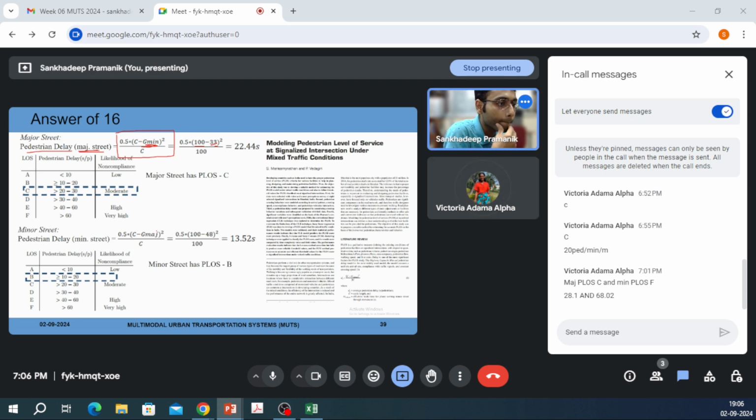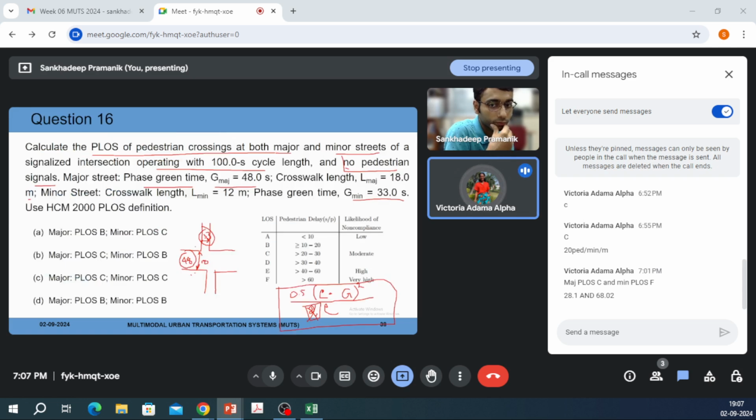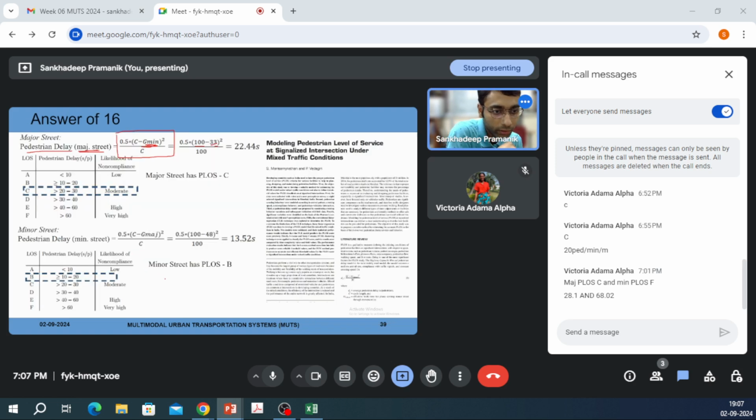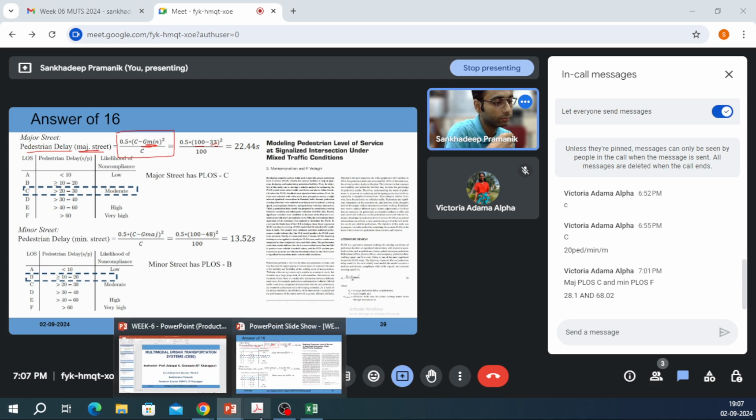Yes. Okay. So for what you are saying, if we are calculating the pedestrian delay for the major street, we will use G minor for the minor street, right? Actually, in the lectures the formula is different, and in the assignment or previous question the formula given was different.